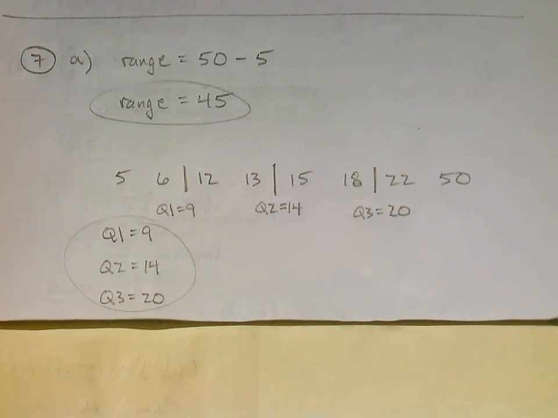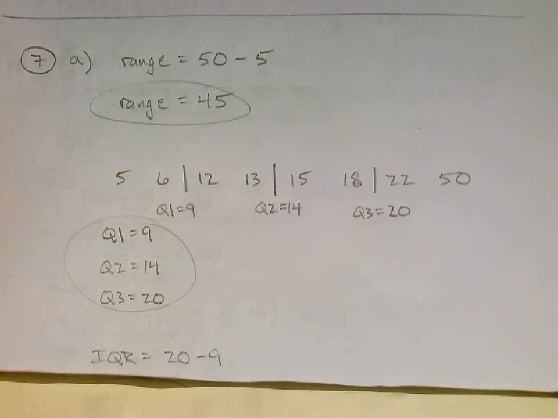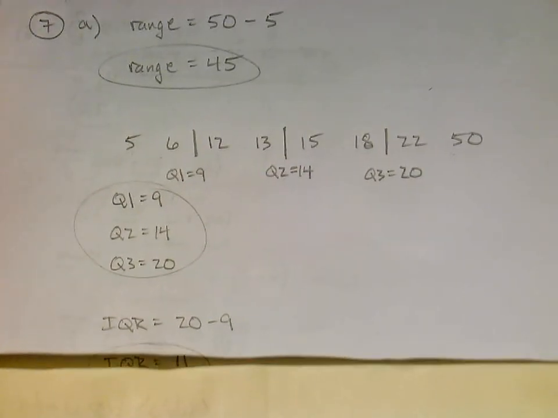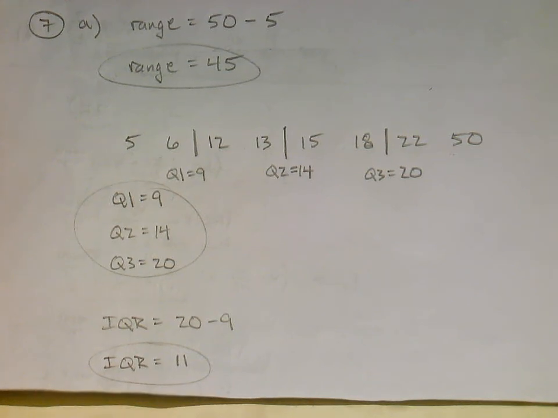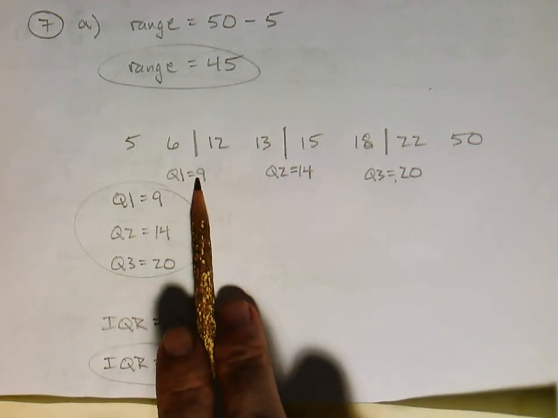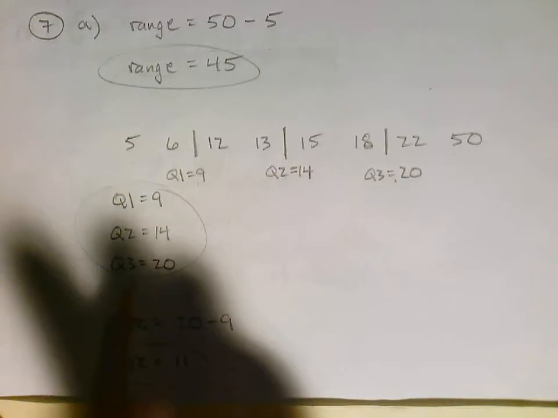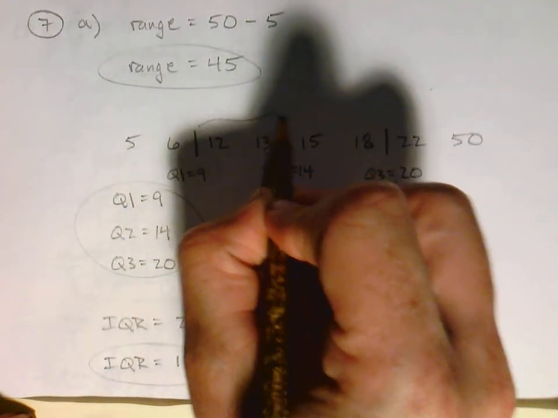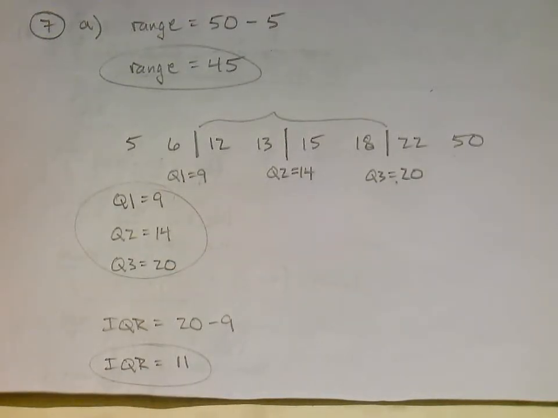There you go. Finally, the IQR. Well, once you have the quartiles, the IQR is pretty fast. Very similar to the range, but now we're taking Q3 and subtracting Q1. So while the range covers the entire data set, the IQR tells you how far it is between Q1 and Q3.